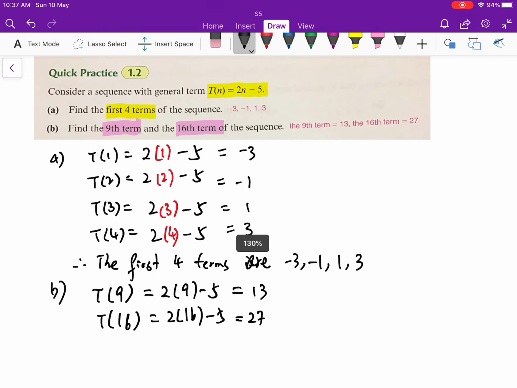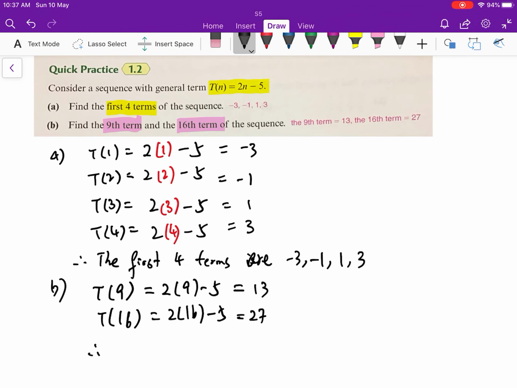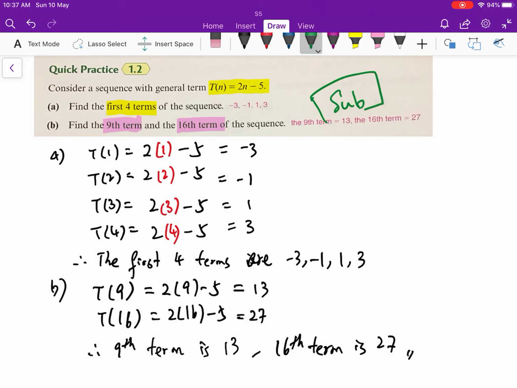Don't forget to answer the question: the 9th term is 13, the 16th one is 27. Then done. This is how we find a specific term. Just do the substitution, super easy.